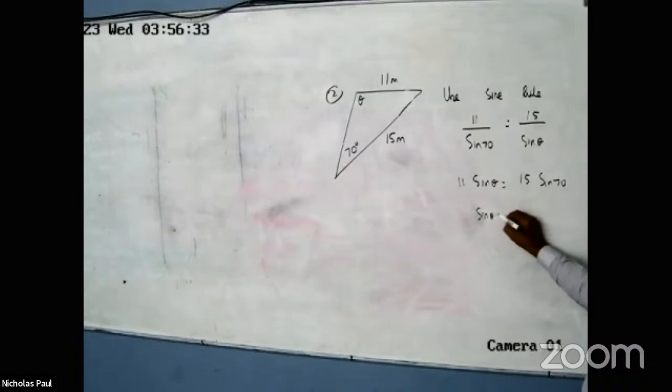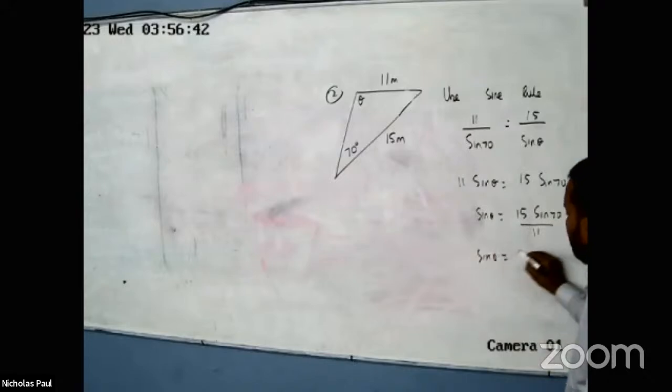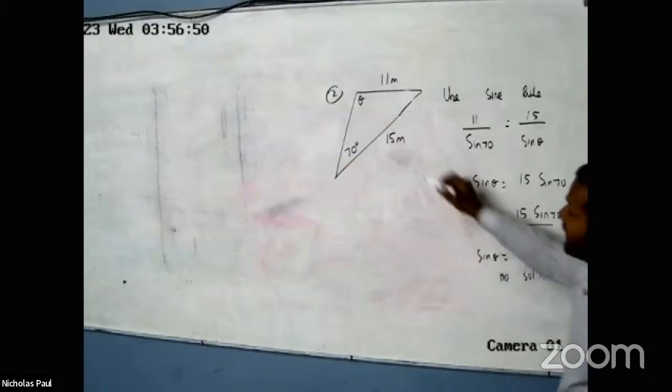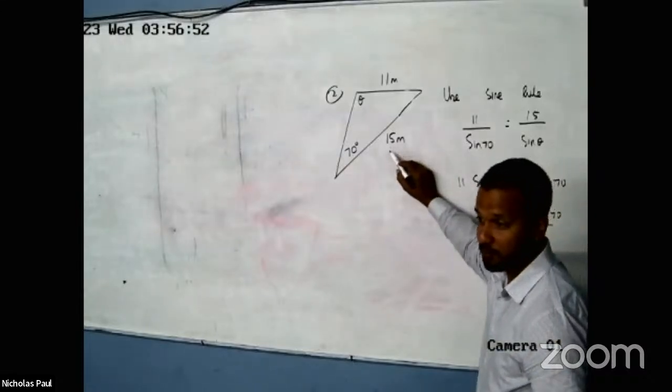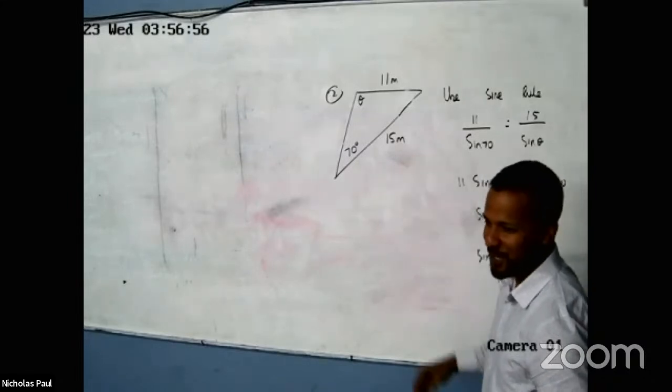So sine theta is equal to 15 sine 70 divided by 11. How much is that? I get 1.28. So no solution. What that means is that you can't get a triangle like this. That was the point I wanted to see, if you would recognize you can't get this triangle.